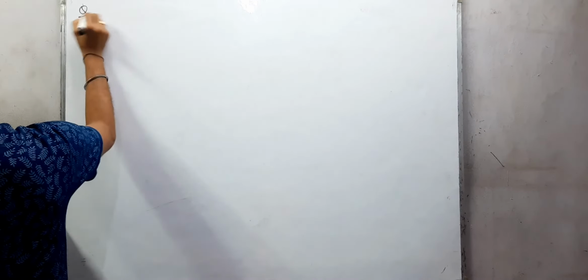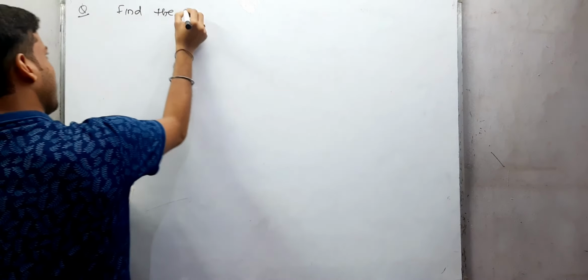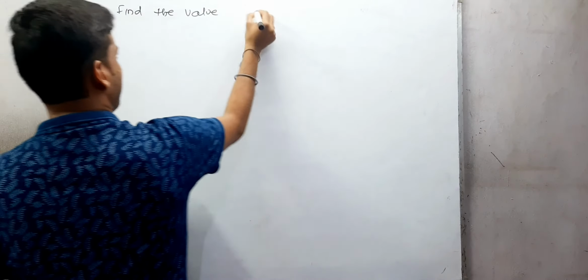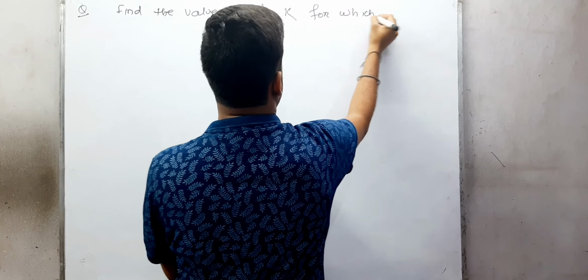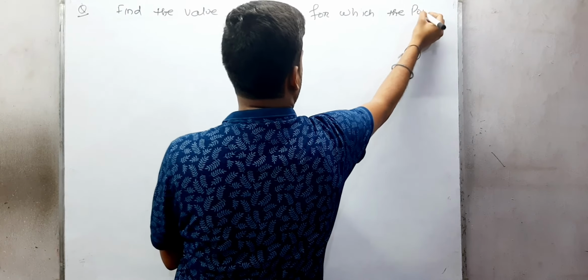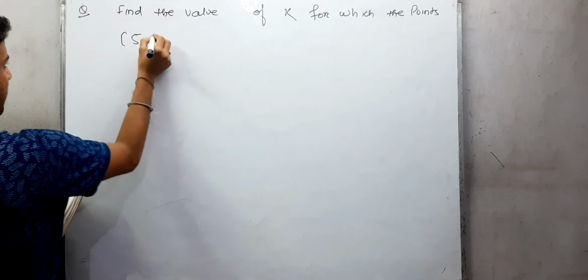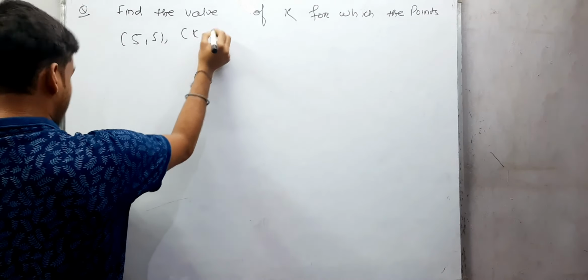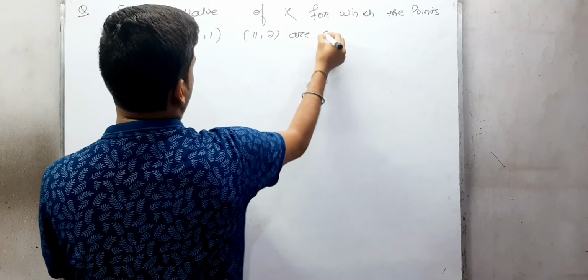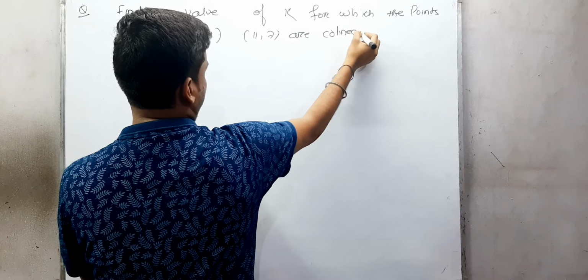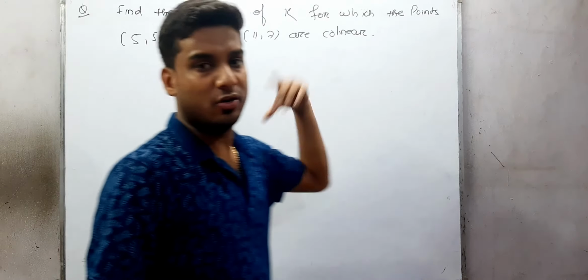Question: find the value of k for which the points (5, 5), (k, 1) and (11, 7) are collinear. You have to find the value of k for which these 3 points are collinear.